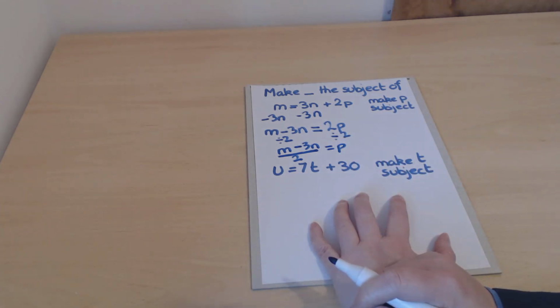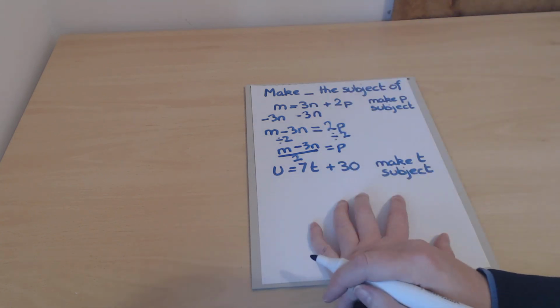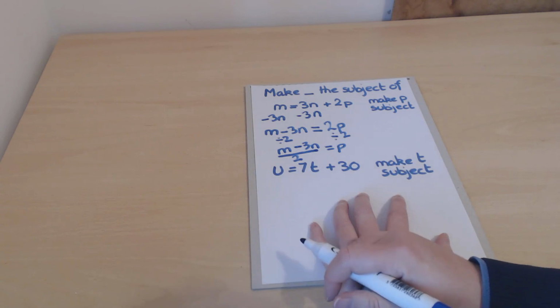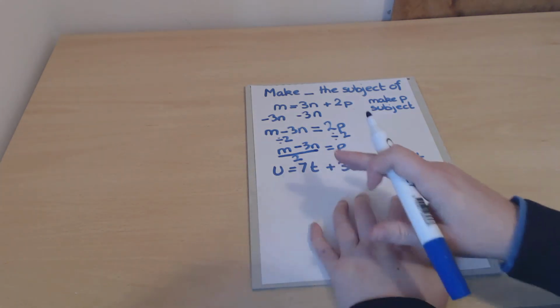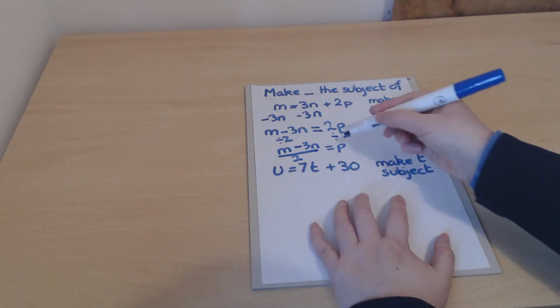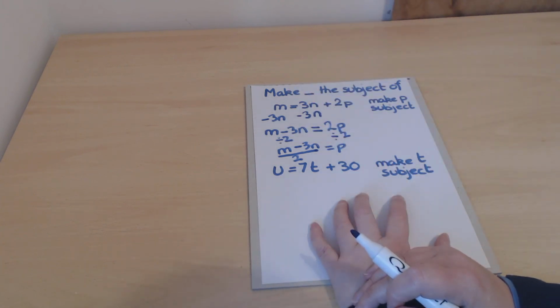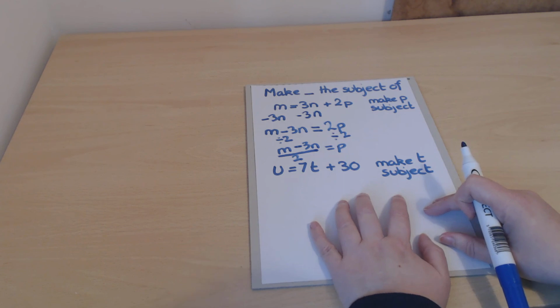Other than when you're going to write it down on the actual dotted line for the answer, I would reverse that. So I'd say P equals m minus 3n over 2. Other than that, that is now finished because P is on its own and the other letters and numbers are on the other side. So let's do some more examples.